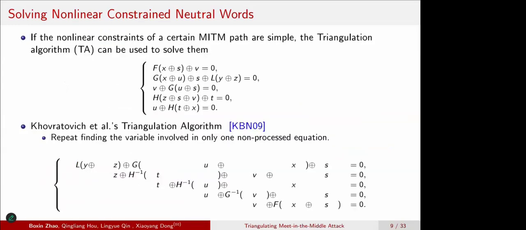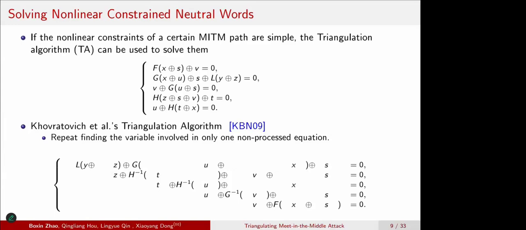If the nonlinear constraints of a certain meet-in-the-middle path are simple, the triangulation algorithm can be used to solve them instead of having to traverse and store all of them. Let's consider the following equations and the Khovratovich triangulation algorithm.